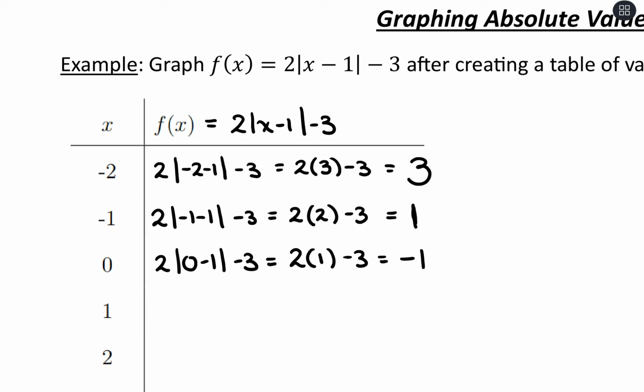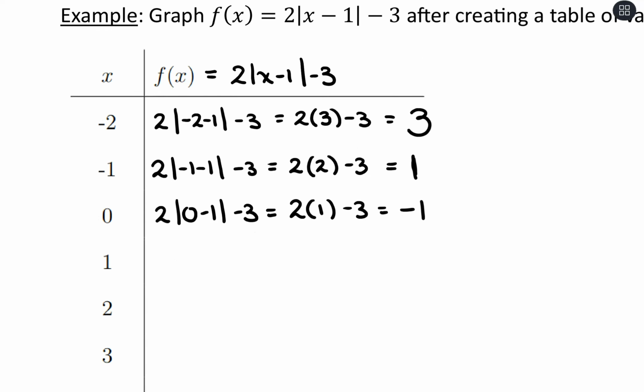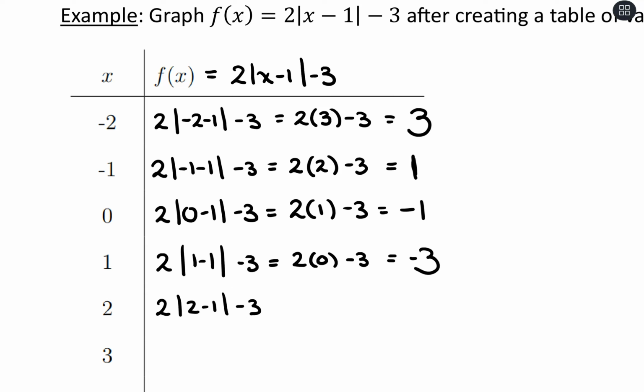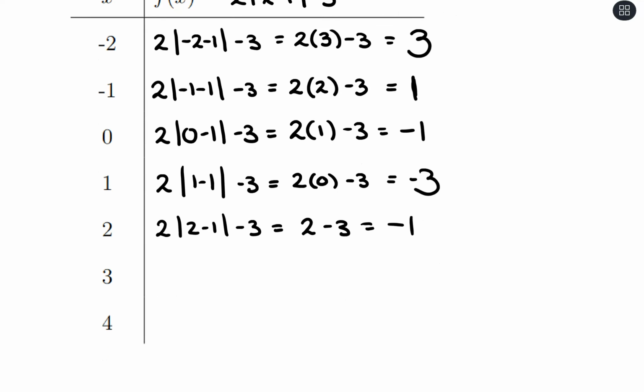So that one would be a -1, and then plugging in +1, that'd be a 2 times 0 minus 3, so -3, and then +2. And then we start seeing some repeat values.